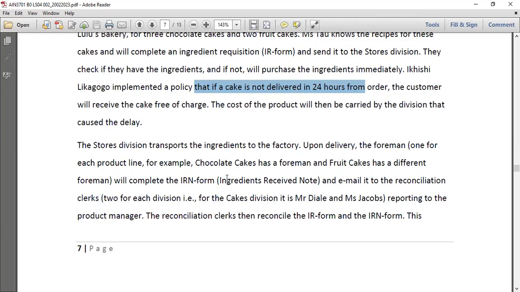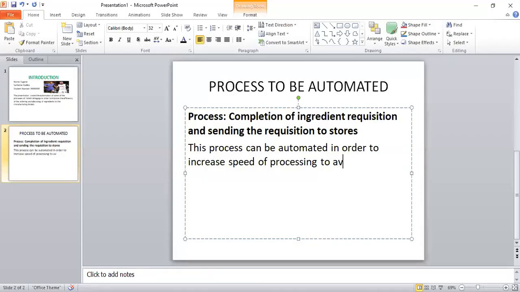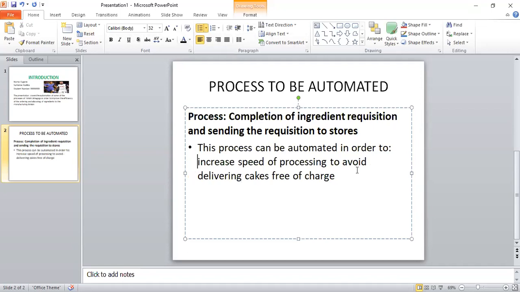So to avoid delivering cakes free of charge, reduce errors on ingredients I missed out.